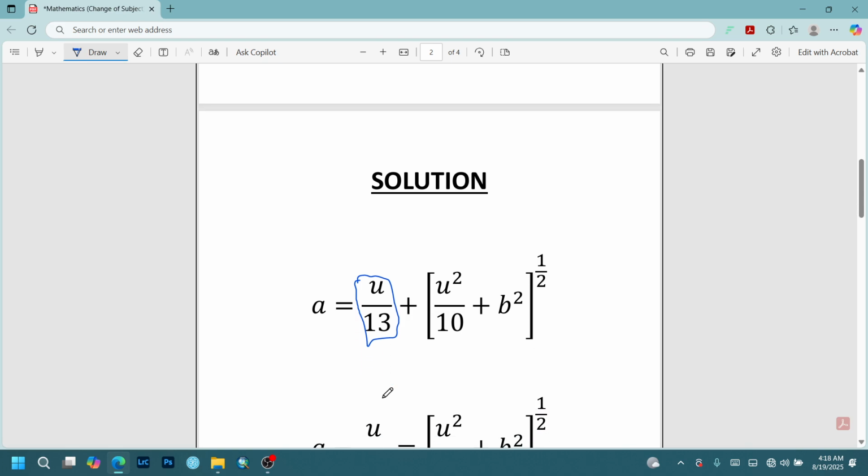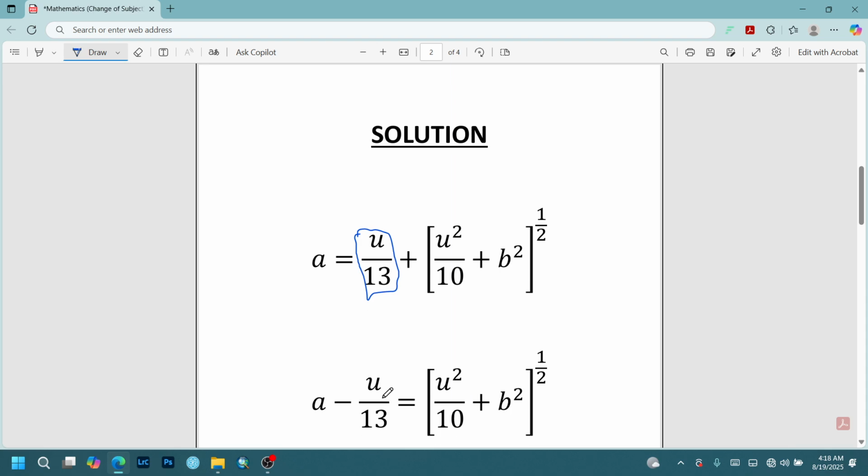So we are going to have our equation to be A minus U over 13. This fraction is a positive fraction, so when it migrates to the other half of the equation, it will cross the equal to sign. Whenever a number crosses an equal to sign, it will change its form.